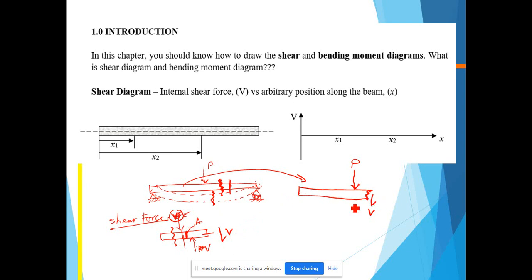Same thing here for the case of the beam. And when we apply the load P, the beam will deform or bend.